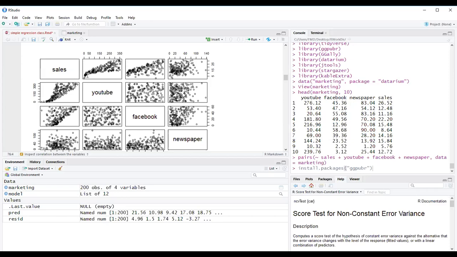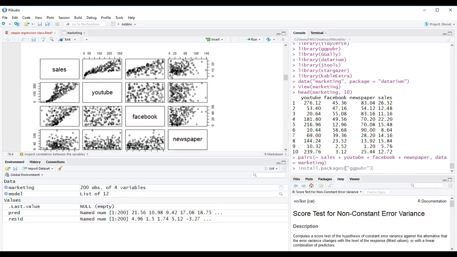So we can also see that there seems to be a linear relationship between sales and YouTube. As we mentioned a while ago, sales and Facebook also seem to have a linear relationship, although sales is more linearly related to YouTube than to Facebook. And for sales and newspaper, we find that there seems to be a very weak relationship.